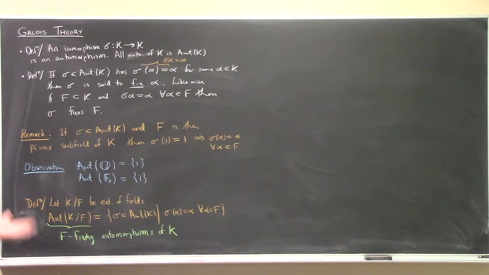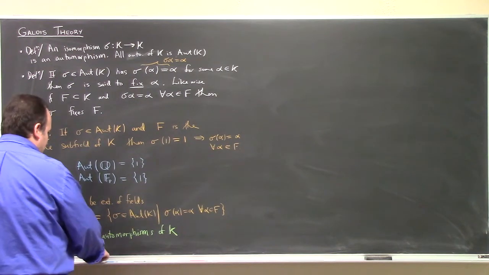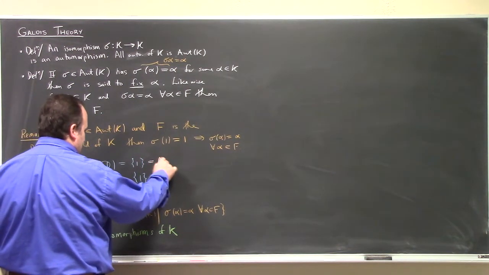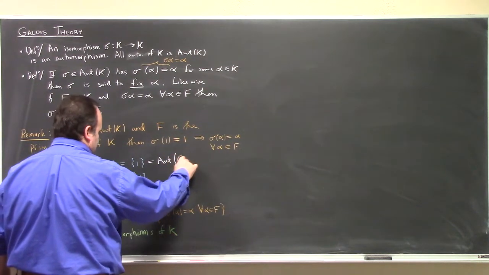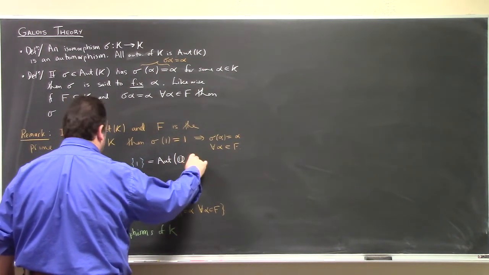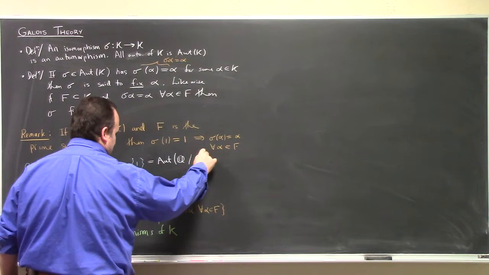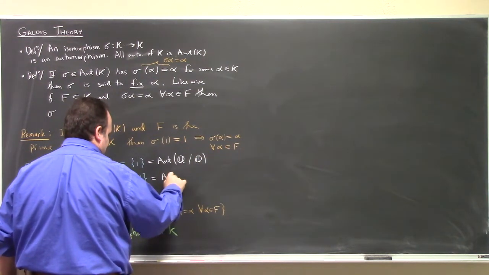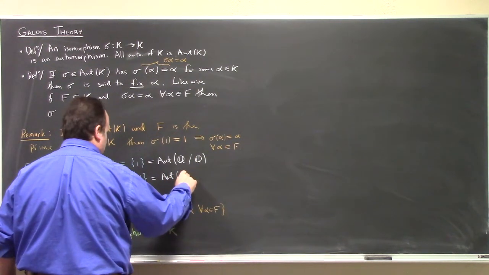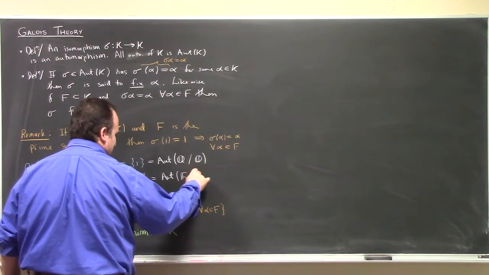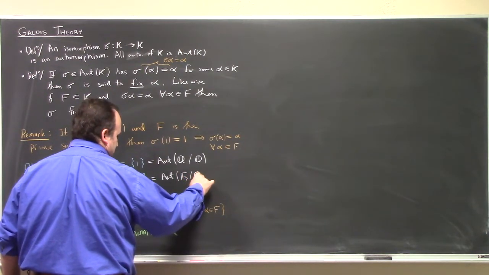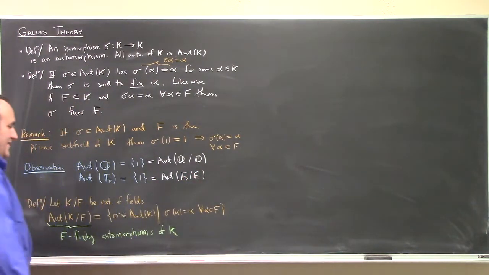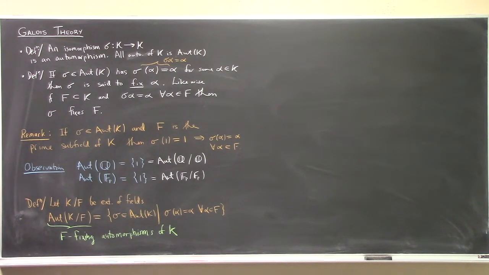I mean, as an application of this notation in the most silly case possible, here's one: Q over Q, very silly. FP over FP. I mean, any field is an extension over itself, right? And so, yeah, stupid, but anyway, there it is.